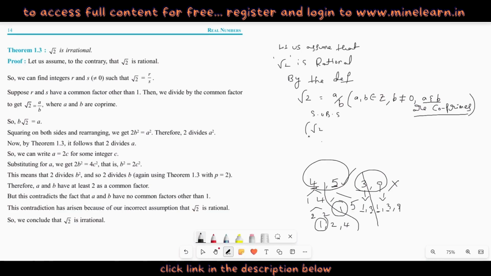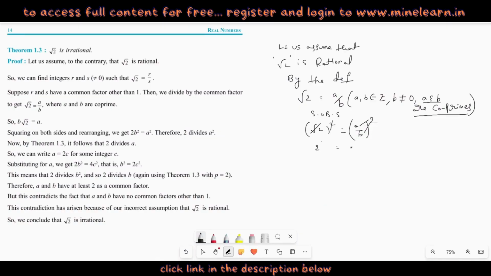Root 2 whole squared, the square and root cancel. 2 is equal to a square by b square. Now do the cross multiplication: 2b square equals a square.